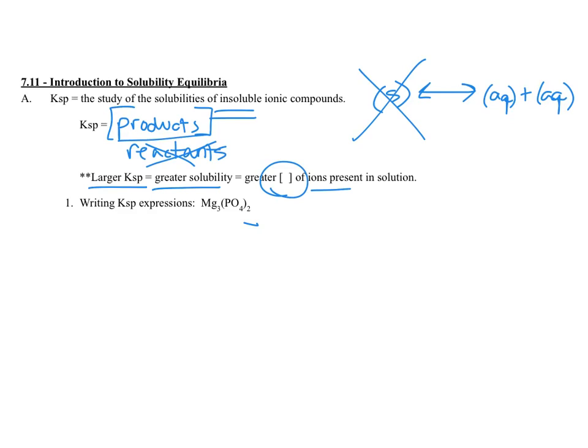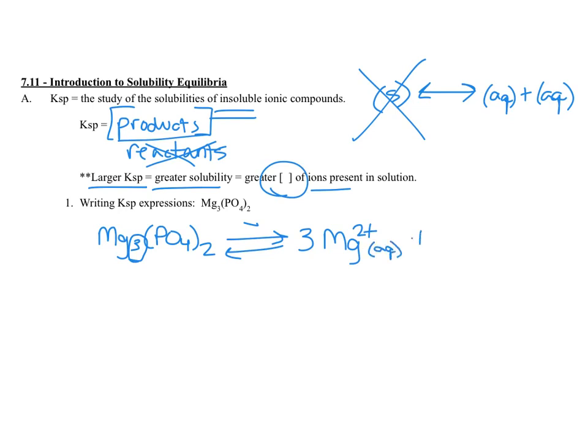So Ksp expressions, let's just take a look at this one, magnesium phosphate. Remember, when we're dealing with ionic compounds that dissolve, instead of this just going in the forward direction, it can also go in the backwards direction. This is a solid. When it breaks apart, it forms 3 magnesium ions. So when we write our equations, we have to show our coefficient to show how many there are. That comes from this number right here. We have to show the charge as well. Aqueous means that it's dissolved in water.